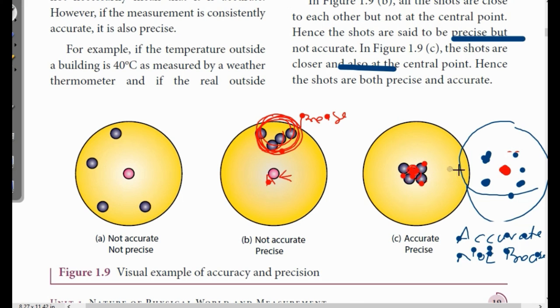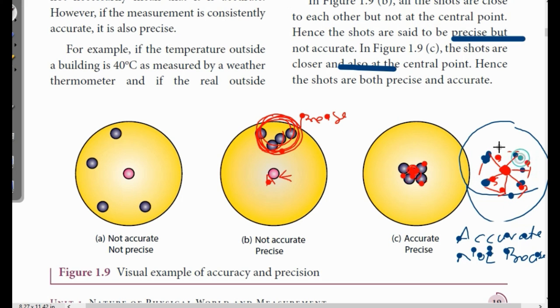Here in this case the target is red, and it is closer to the target, but these values are not consistent or close enough. Say, for example, here it is 5 centimeter, and this is 5 centimeter, but there is no closeness among these.